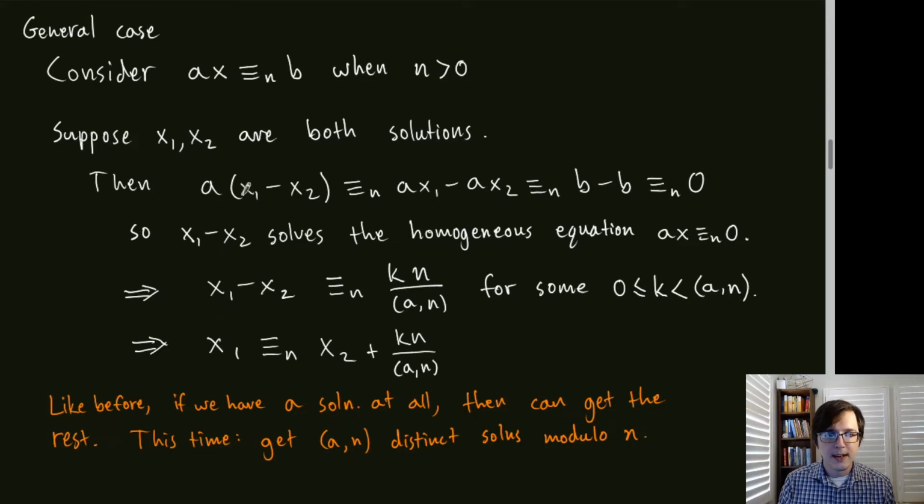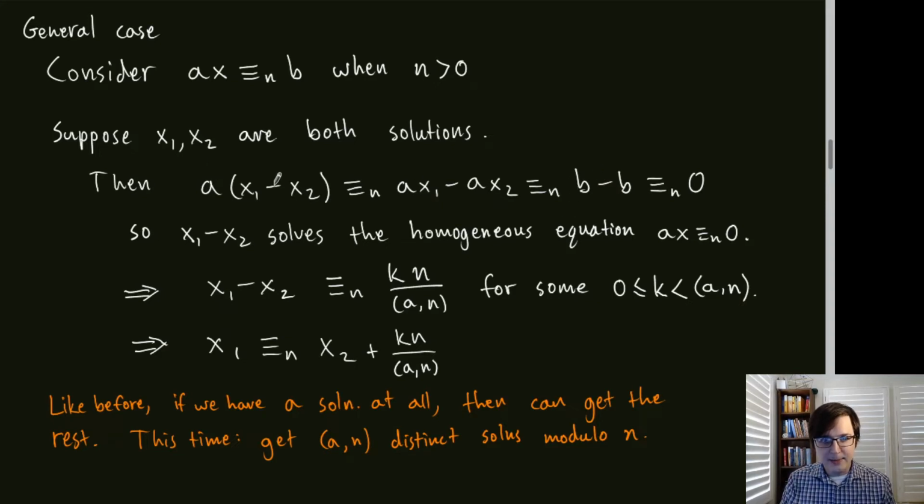So consider their difference and multiply it by a. What I'm doing is taking x1, which satisfies this, and x2, which also satisfies this, and subtracting the two congruences from each other. But here's a way to write it without having to say what it means to subtract two congruences.